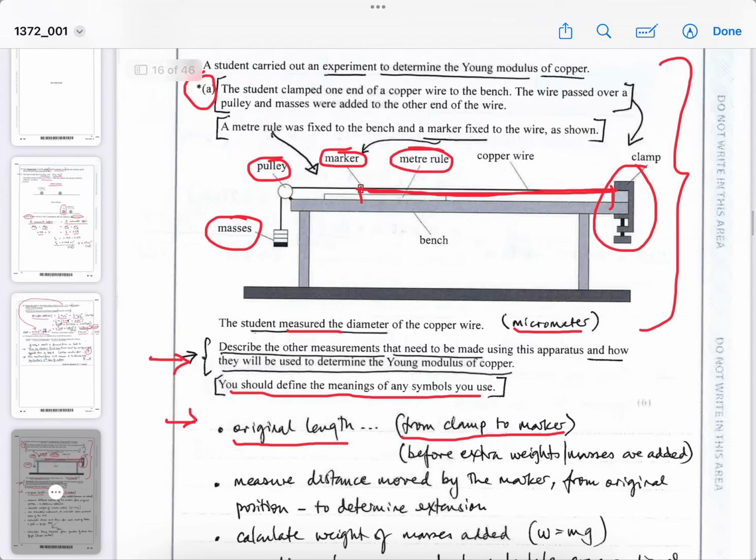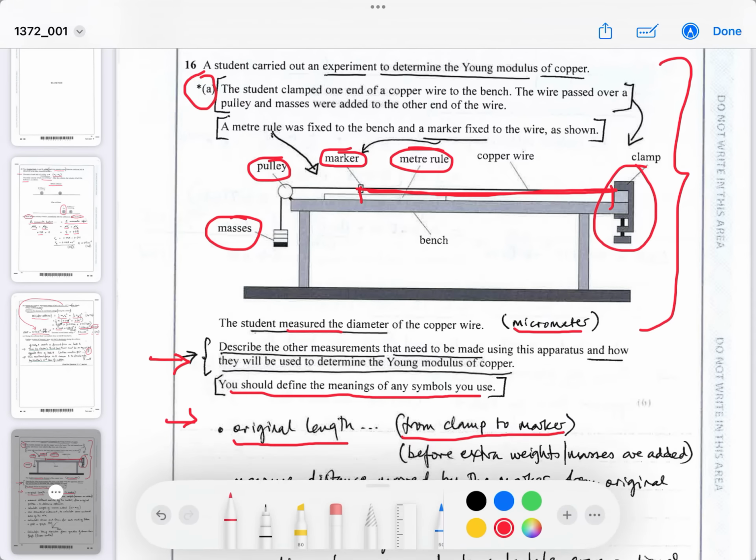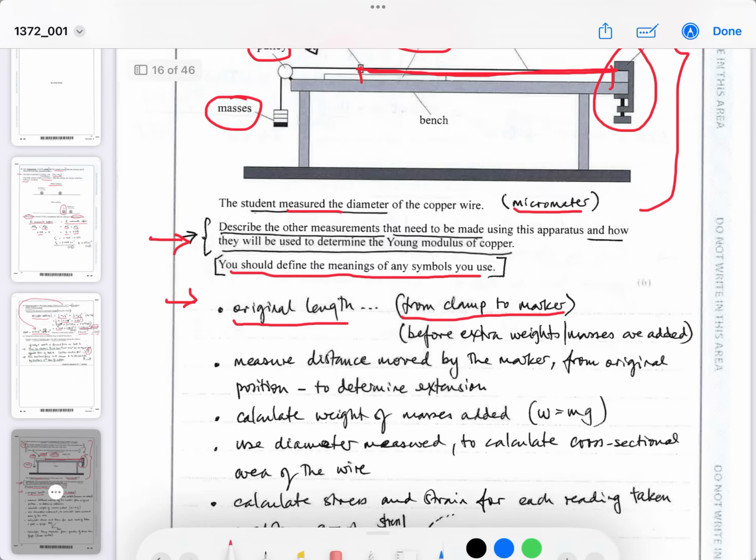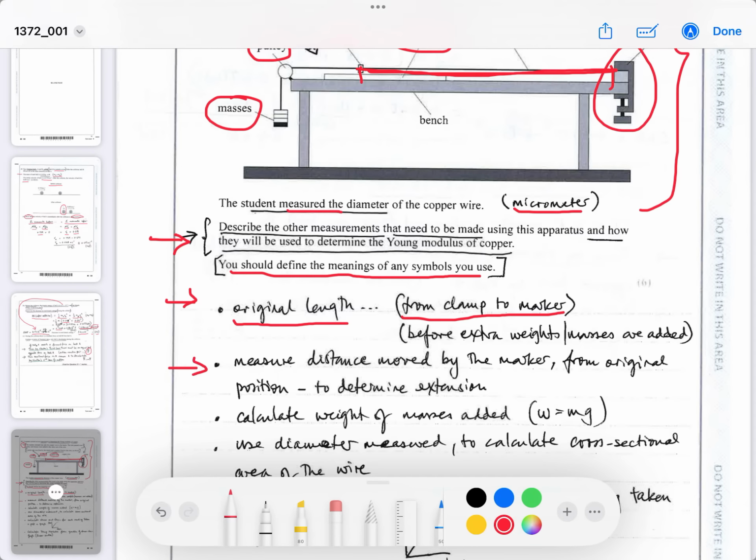You then measure the distance, so the second thing you need to measure is the distance moved by the marker, yeah, from the original position to determine any extension, obviously, when you add weight, yes? And of course you would need to calculate the weight because it's mass times gravity, and here you've got masses.